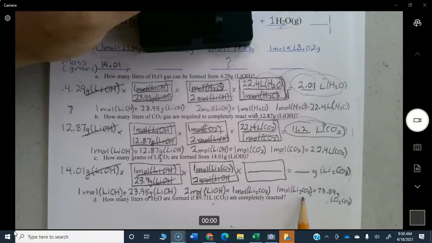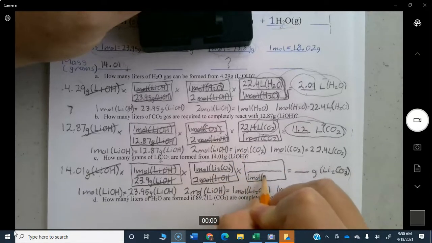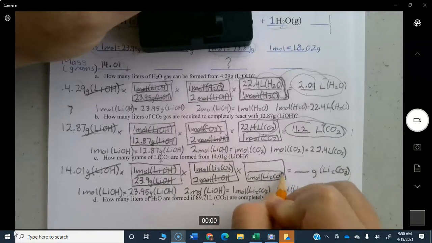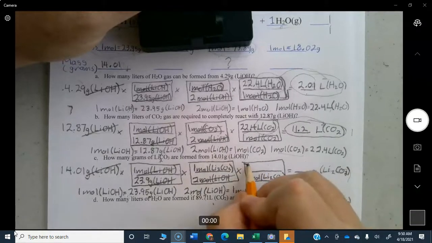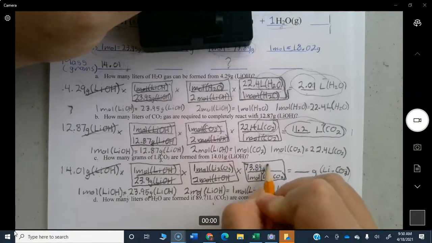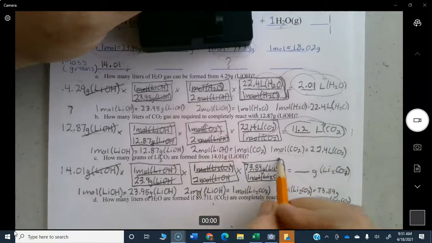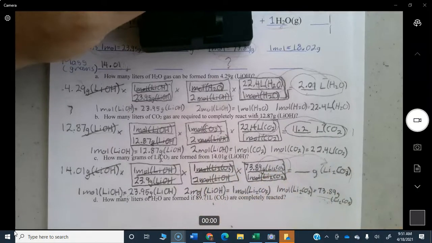Which one goes on bottom? It has to be moles of Li2CO3. And the other one goes on top. Okay, cancel, cancel. Last man standing is grams of lithium carbonate.